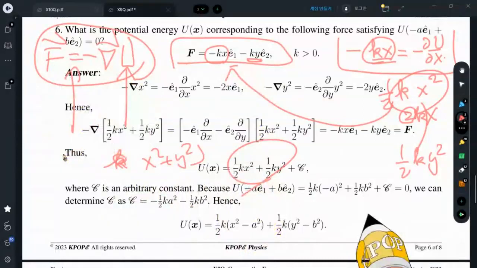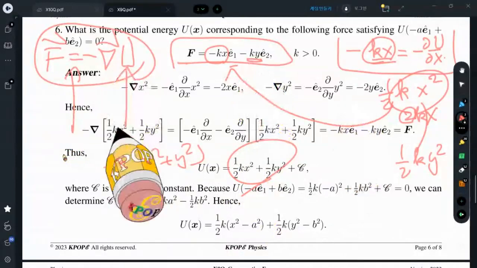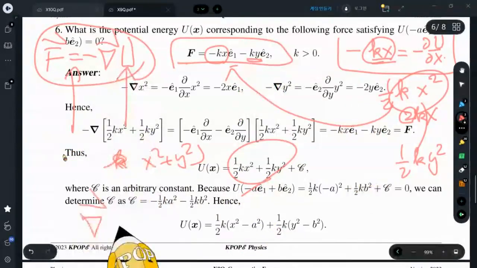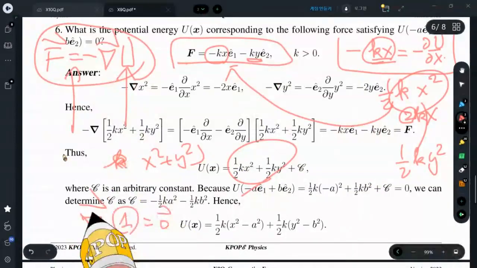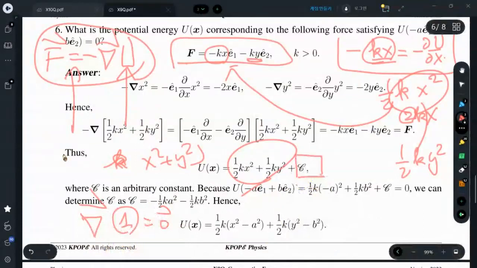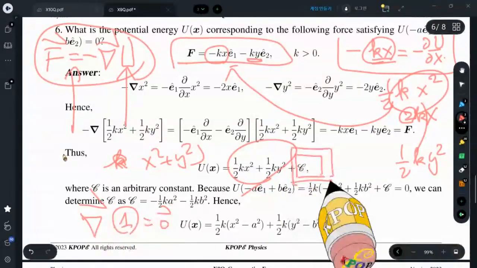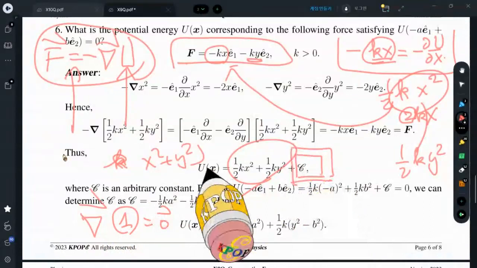In addition, this gradient applied to a number, for example gradient of 1, is a zero vector. Any constant vanishes under the gradient operation. So you have the freedom to add an arbitrary constant to a potential energy.